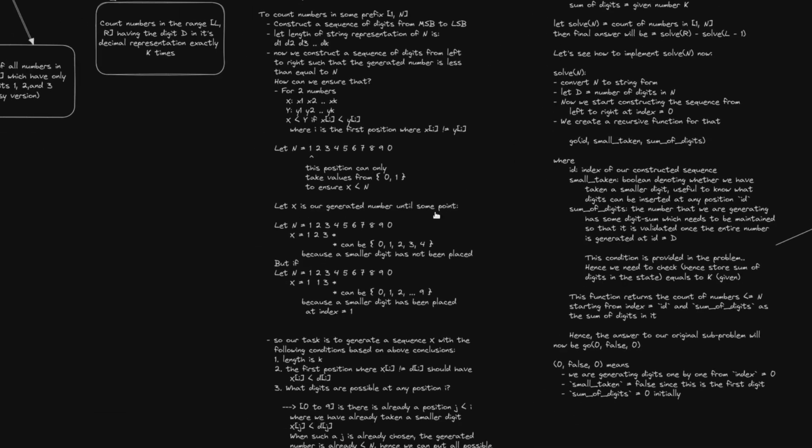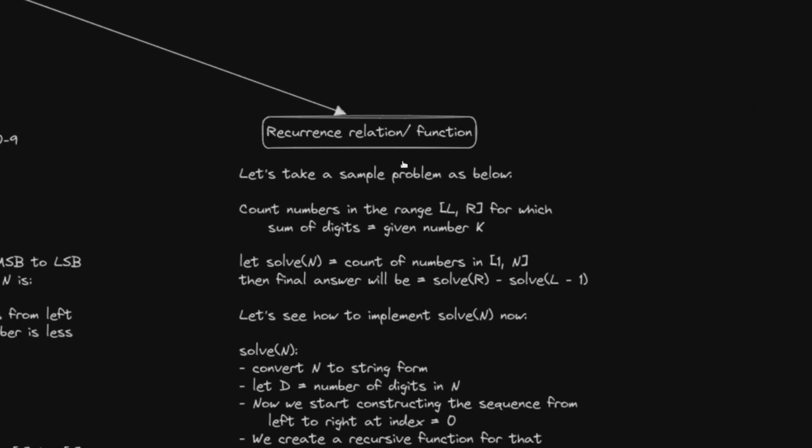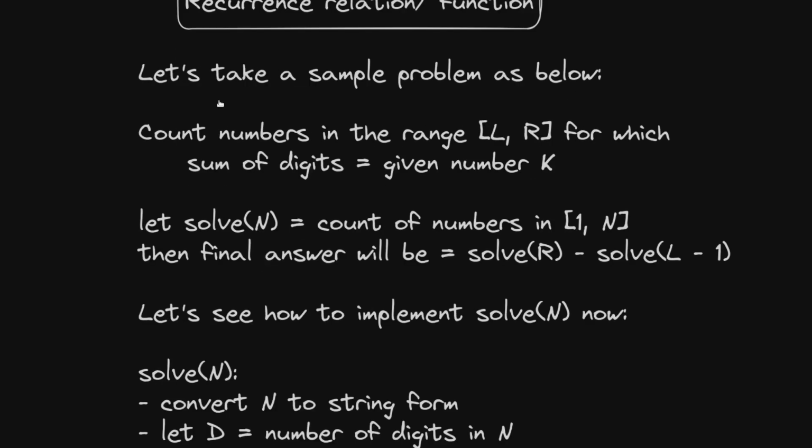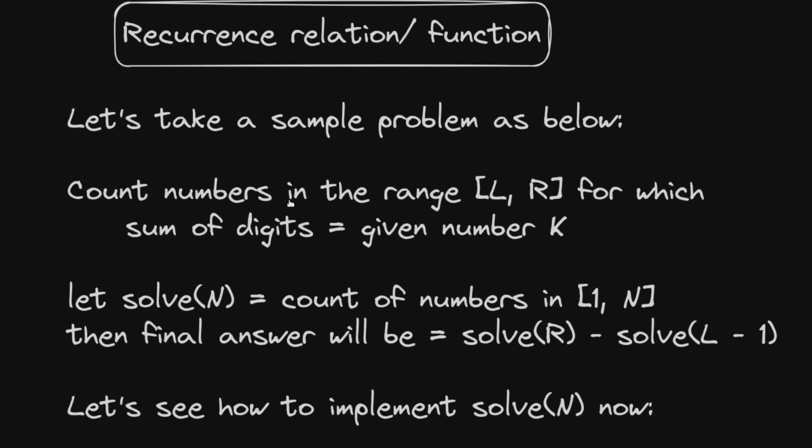So based on this condition, let's find out a recurrence relation or function that is going to solve our problem. Let's take an example. Let's say the problem is counting numbers in the range L to R, for which the sum of digits is the given number k.